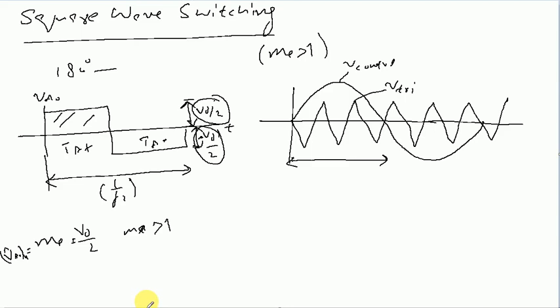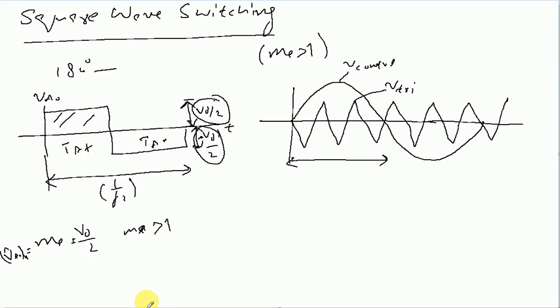The only advantage that we can see of this square wave operation is that each switch changes its state only once every half cycle. So at very high power levels, when we have solid state switches which may have very slow turn on and turn off characteristics, this can be seen as the advantage.